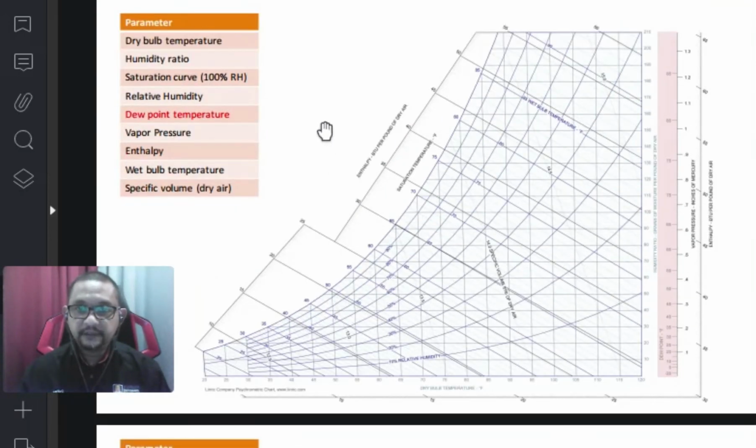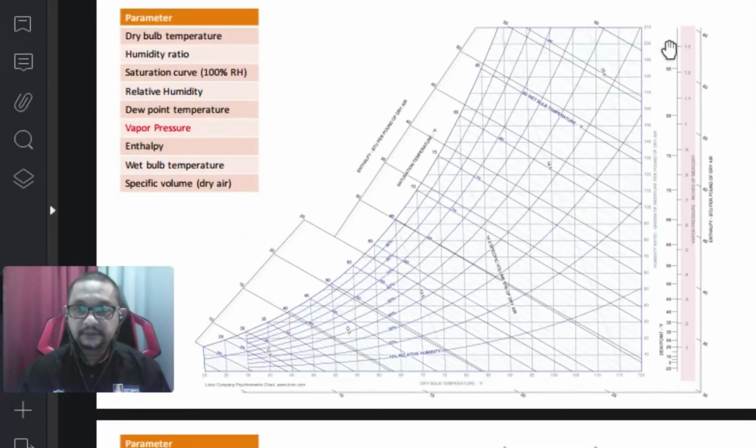Number five is the dew point temperature. The dew point temperature axis is at the outside of the chart. This is the dew point temperature scale. Number six is vapor pressure. Vapor pressure is also at the outside of the chart, at the right side. This is the scale of vapor pressure.